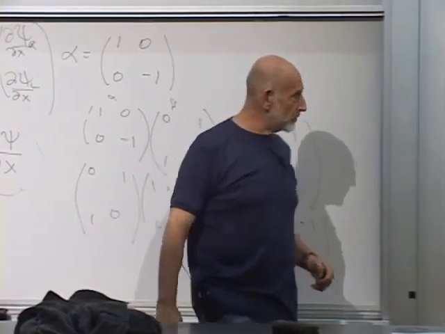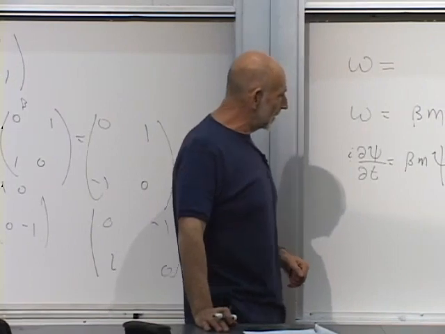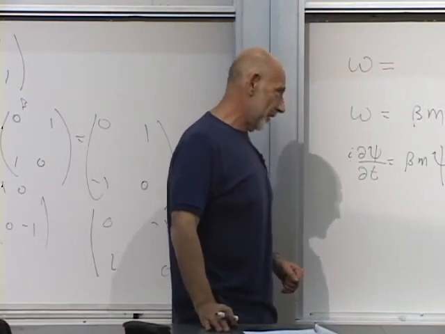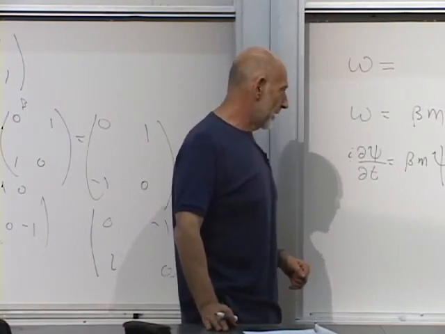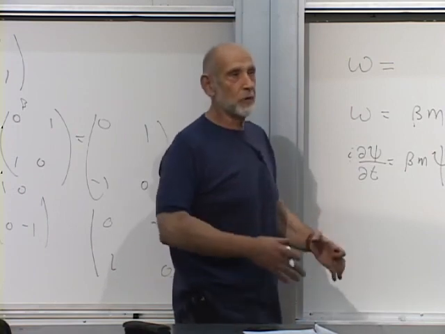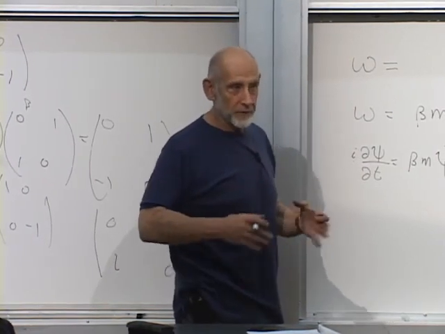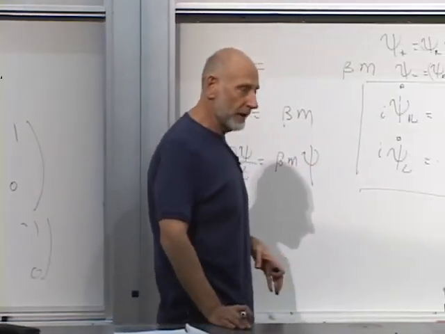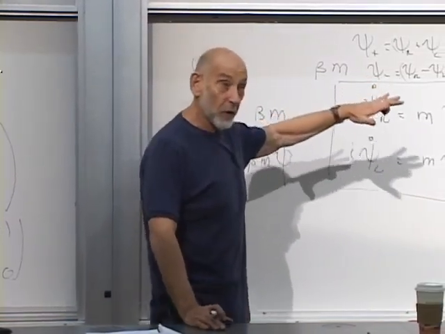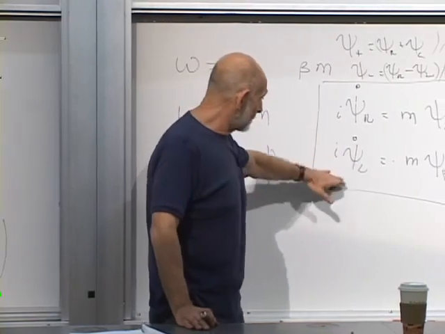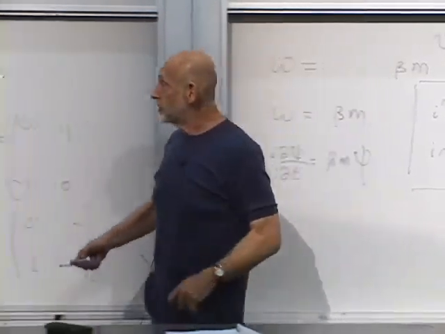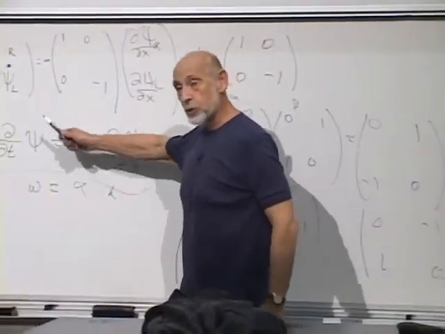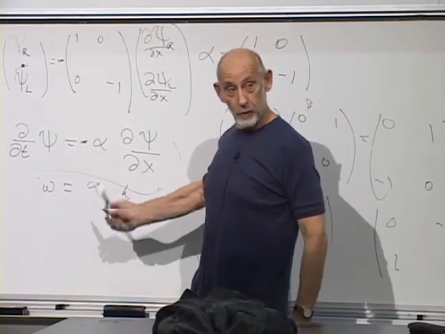Now, once the mass term is there, we might give up the idea that it's composed of left-moving and right-moving waves. It is misleading to think of it as left-moving and right-moving waves. It's just a wave that's not moving at all, but it's built out of the same mathematical objects which were left movers and right movers when there was no mass.